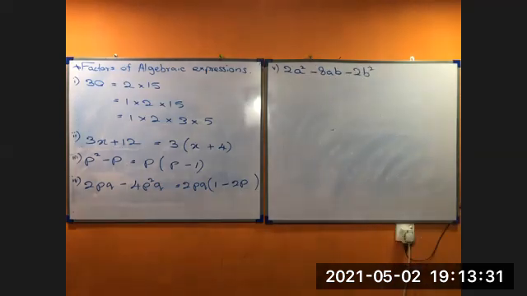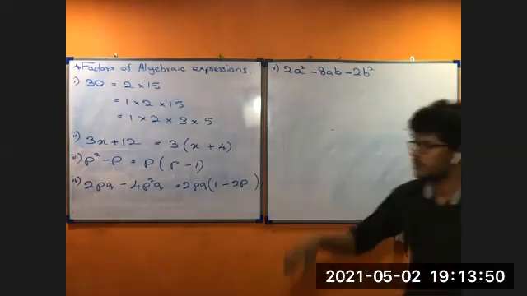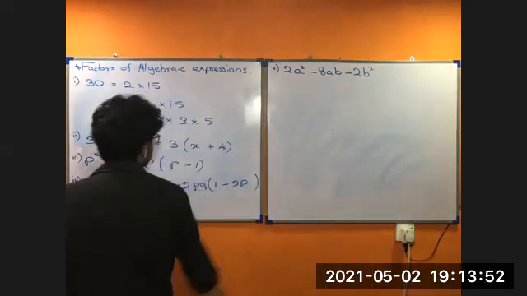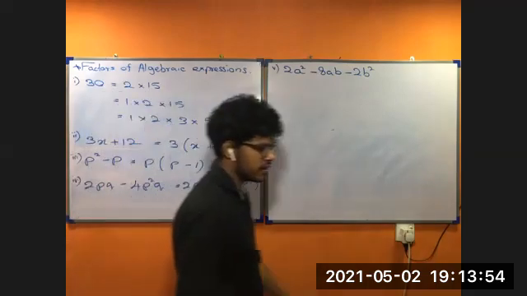Okay, let's do that. So the only difference is we got 3 terms. So here we got 2 terms, but here we got 3 terms. So that is the only difference.